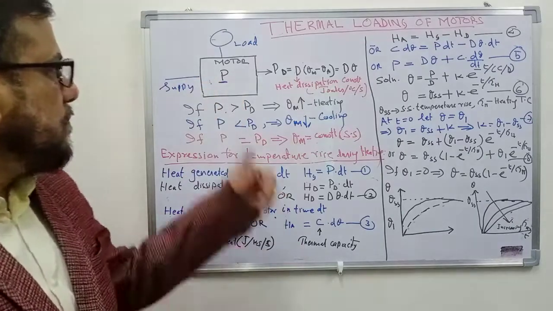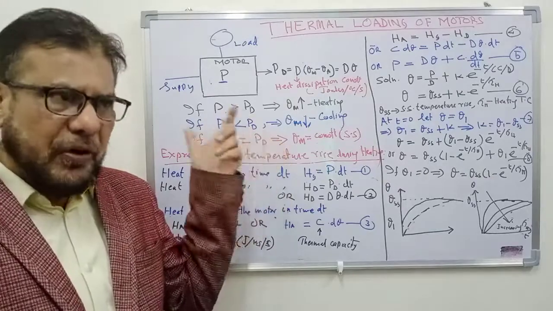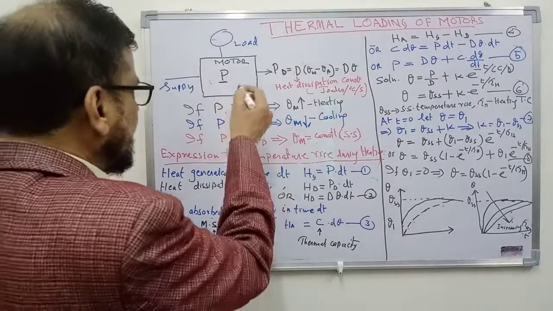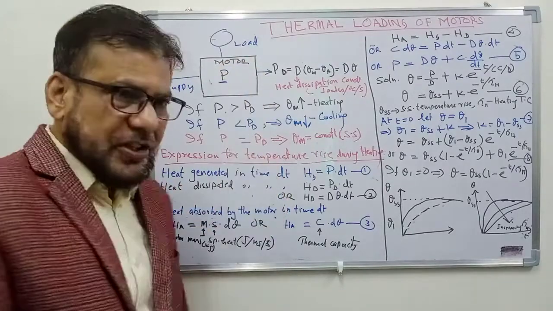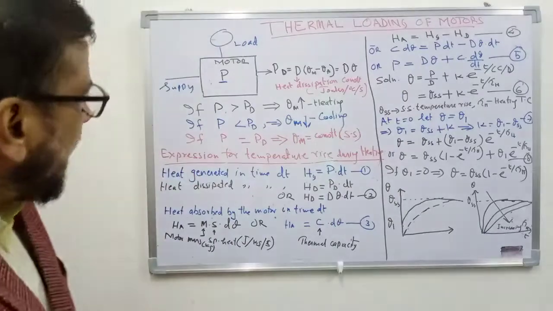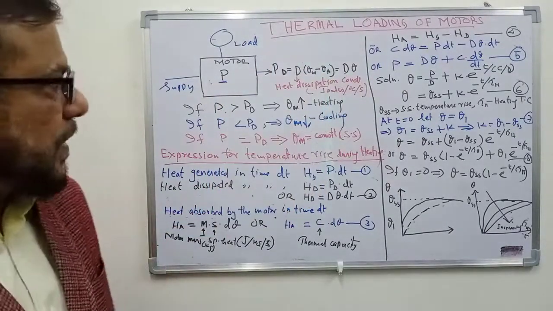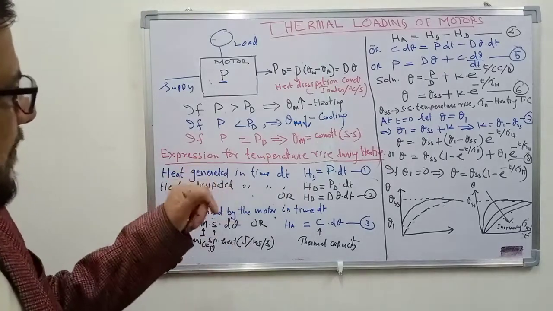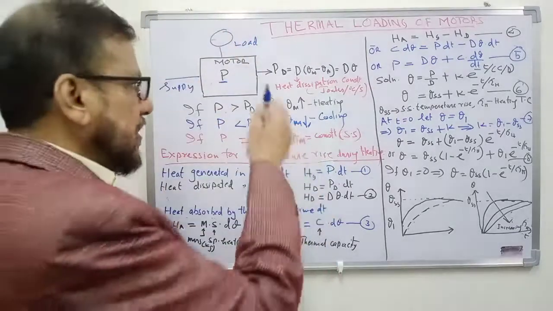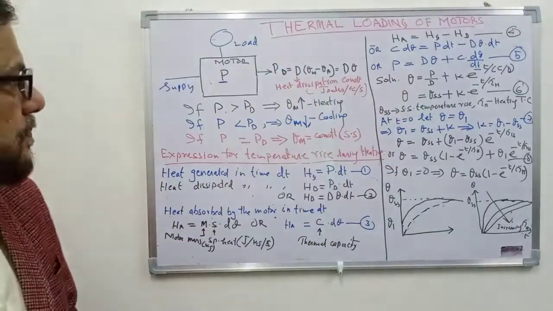So here P is the heat generated per unit time, that is the power loss in the motor. So as the motor generates heat, its temperature starts rising and its temperature becomes more than the ambient temperature. So as soon as the temperature of the motor rises above the ambient temperature, heat starts dissipating from motor to ambient.